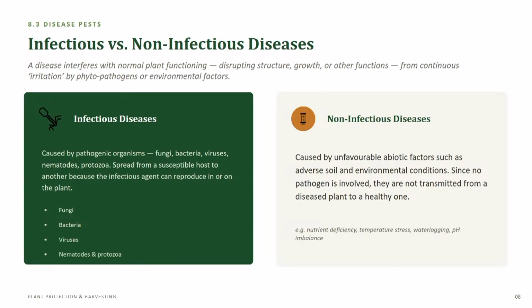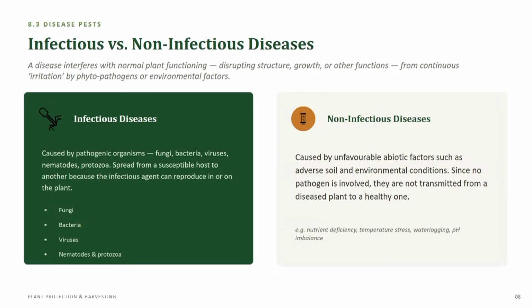Disease is the abnormal functioning of the plant body or the plant's physiological as well as metabolic processes, which are caused by various types of plant pathogens. So here the first type of disease is infectious disease.